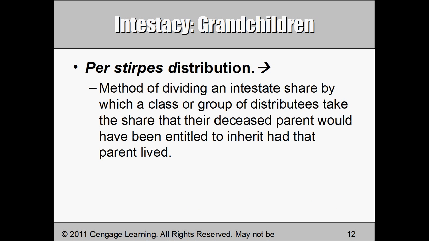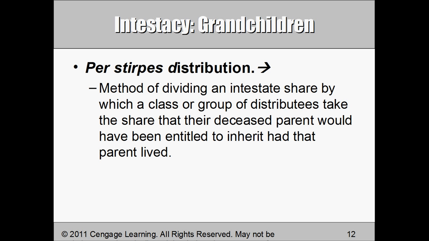Okay, so if it goes to grandchildren, there's a couple of different rules that apply. Per stirpes distribution. That's the method of dividing an estate share by which a class or group of distributees take the share that their deceased parent would have been entitled to inherit had the parent lived.